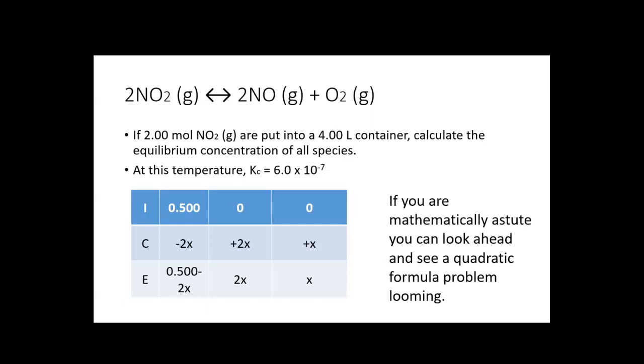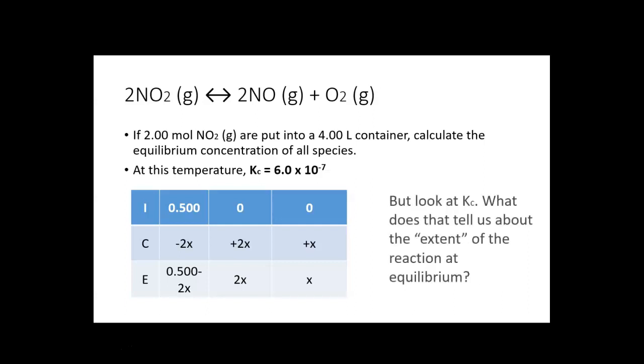Now, if you're mathematically astute and you look at that first term under E, you can see that the quadratic formula problem is looming over our heads because NO2 is squared. But take a look at Kc, and you should always be aware of what Kc means.